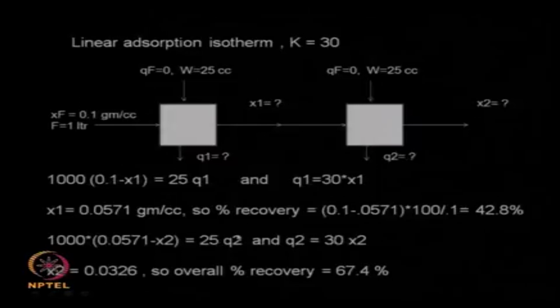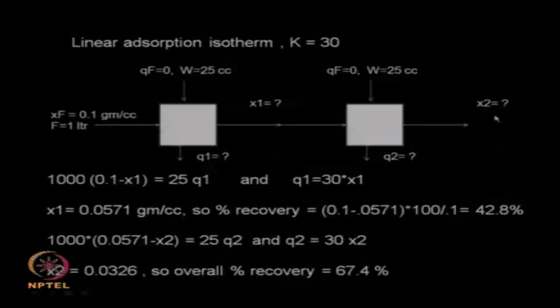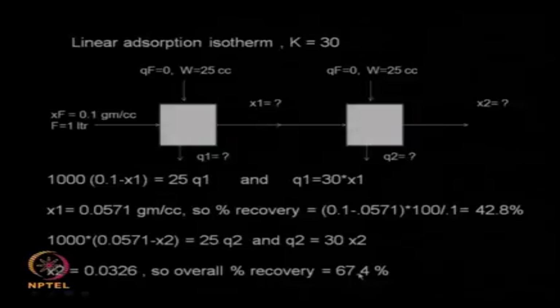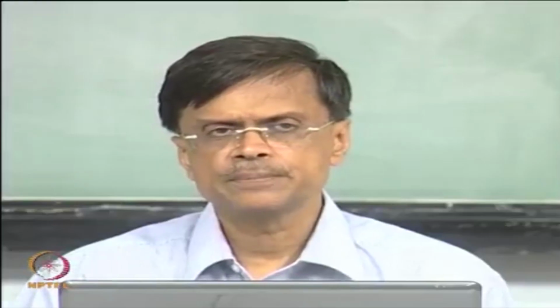You substitute again here and you can calculate for x2, and x2 comes out to be 0.0326. So if you compare 0.1 and 0.0326, we can find out the overall adsorption efficiency, that comes out to be 67.4%.